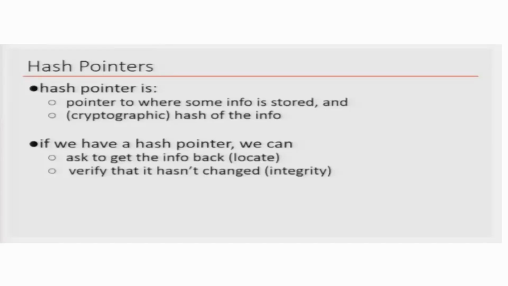So, you have to have something called a hash pointer. What is a hash pointer? You have a block of data and you want to locate that block of data. So, you have to somehow point to it and keep a handle on that pointer. What you do is you compute the hash of the data, and you say that this is my handle on the data.